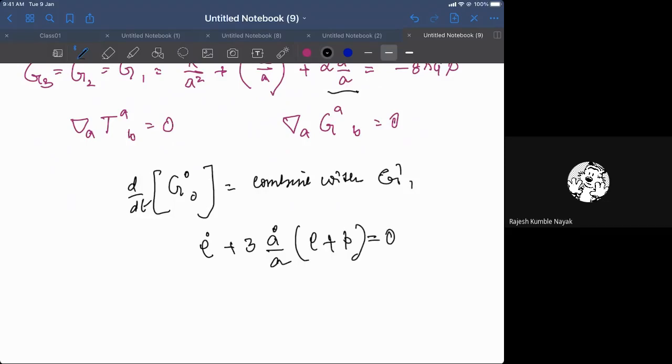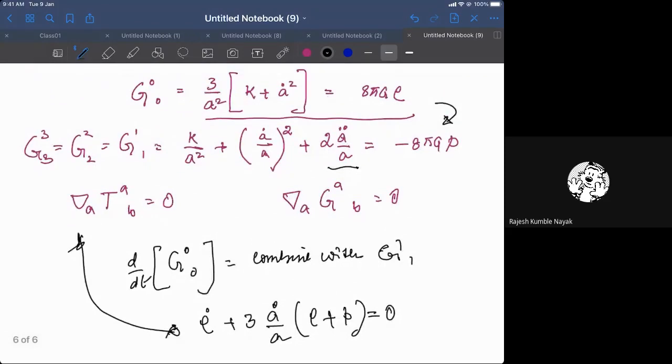So it turns out this is the same equation you can get. It is not necessary to consider all these equations. You could take this and this, or this and this, whichever looks more appealing. There are three equations, any two of which you can take, and those are called the Friedmann equations.